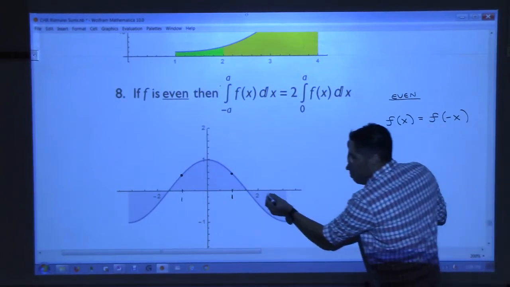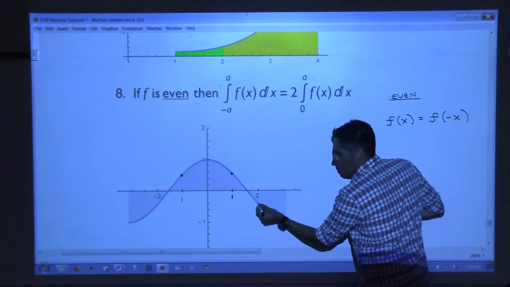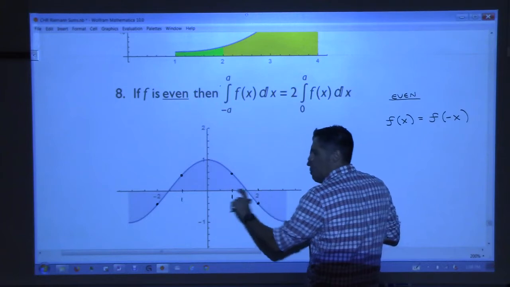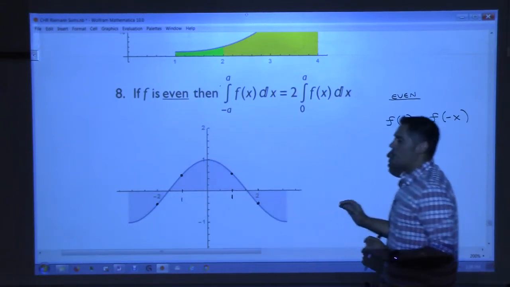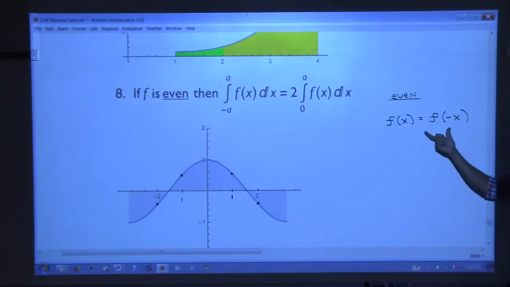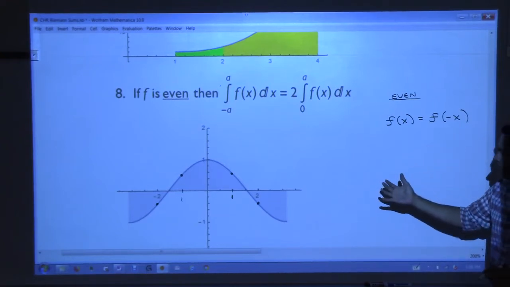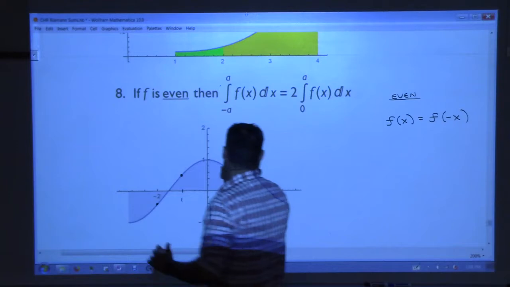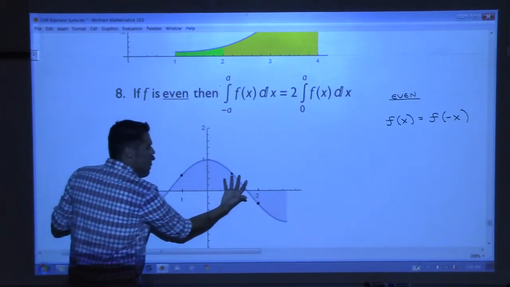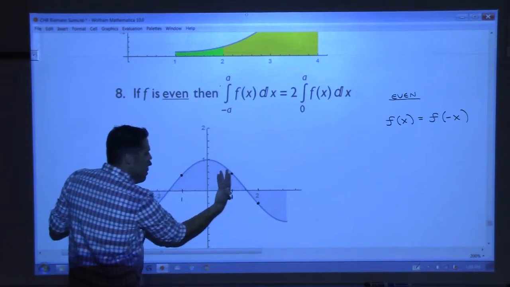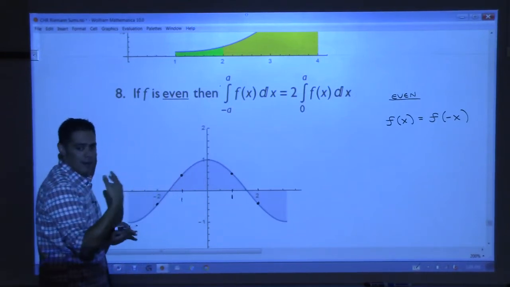So if I go to 2, here's 2, plug in the value, I get this. But if I plug in negative 2, I get this, and I get the same y coordinates there. So even functions have to satisfy that equation. But visually, what are they? Yeah, all even functions are reflections of themselves over the y-axis. So if I take this function, I mirror it over here, it's going to land right on top of itself.